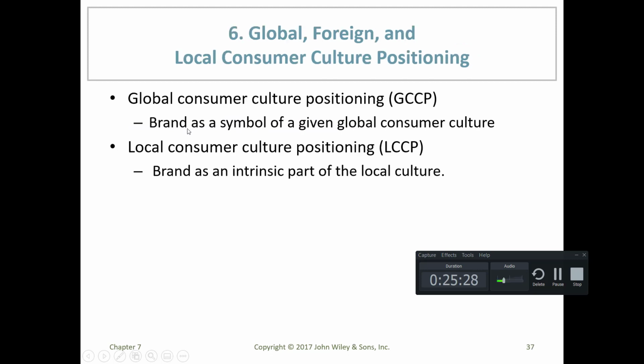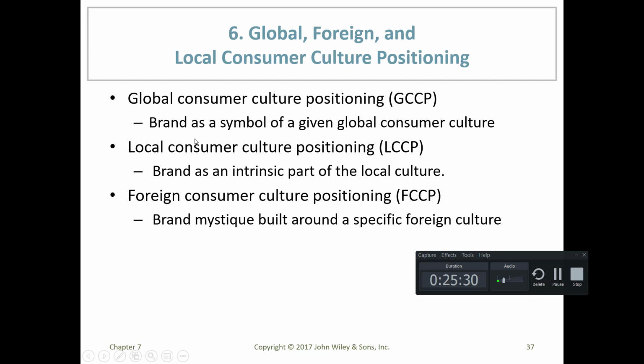Okay, so let's talk a little bit about cultural positioning. And again, this is something which is actually easy to write multiple choice questions for, so you will get a few questions on this. And these are these different types of positioning you have for your product. Global culture consumer positioning is branded globally as kind of a global product. Local, you're branding it as part of your local culture.